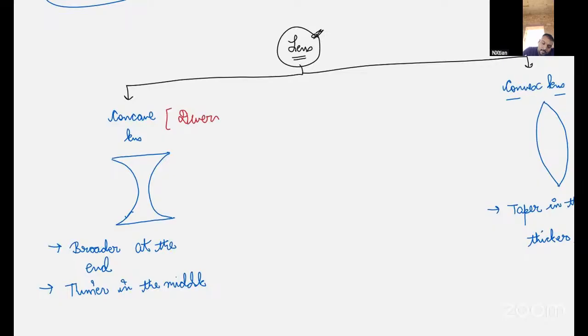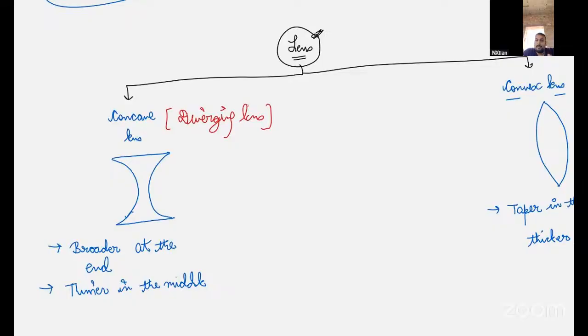Diverging. Did you understand? Now, why did the person who gave the names concave and convex make it like this? I don't know. Don't ask this question.